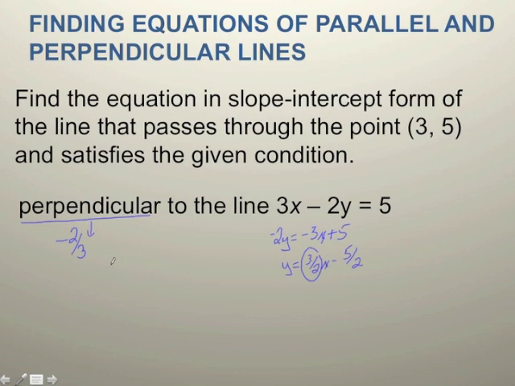And I'll use point-slope form. So y minus 5 will equal -2/3 times x minus 3. y minus 5 will equal -2/3 x plus 2. And y will equal -2/3 x plus 7. That would be my slope-intercept form for the perpendicular line.